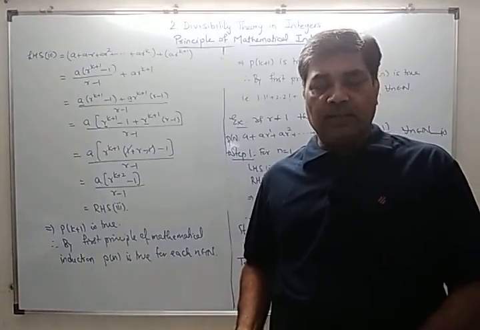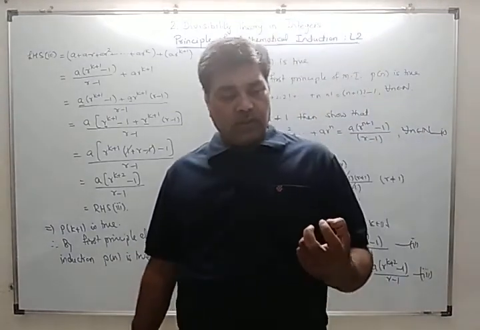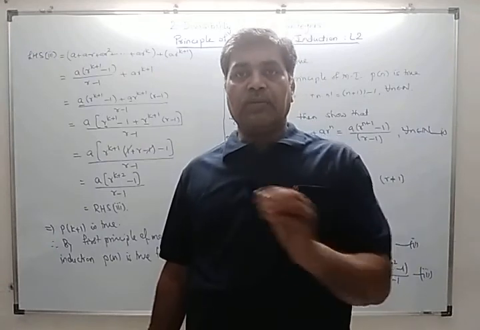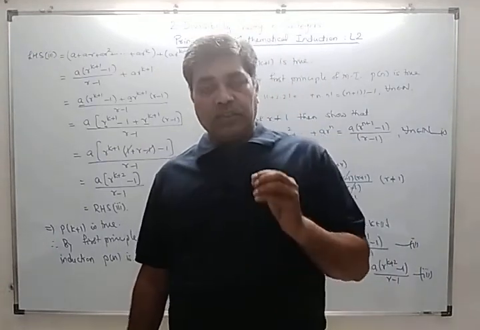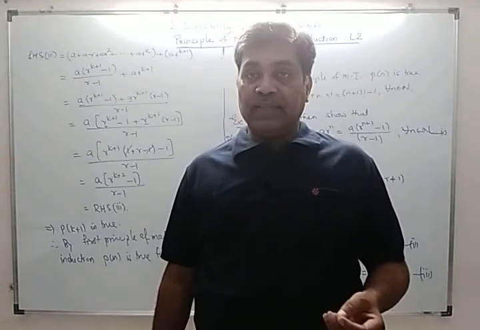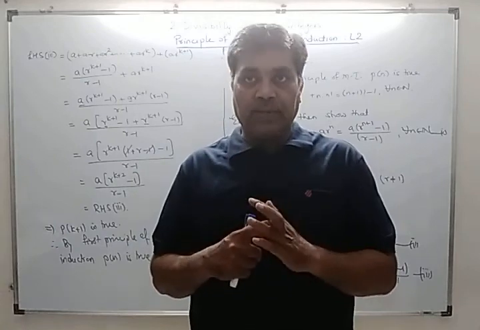Steps are parallel. Instead of 1, we have to firstly prove for n naught. Prove that the given statement is true for any integer n greater or equal 7, n greater or equal 10, meaning my base is 7 or 10 instead of 1.